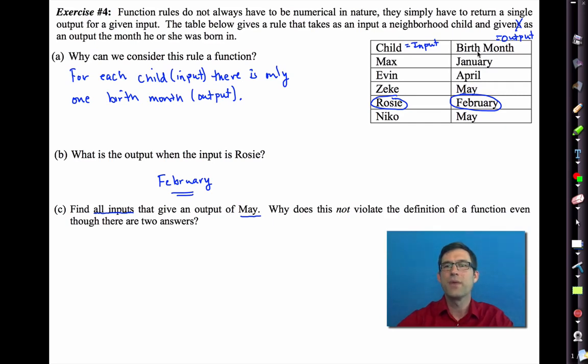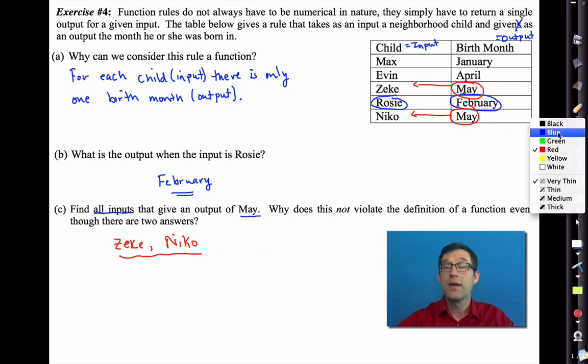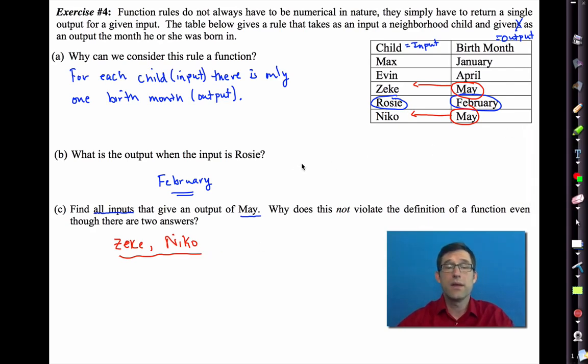All right, let's go through it. Well, what are we looking for? We're finding all the inputs that have an output of May. There's an output of May. There's an output of May. And now we're going to go backwards, and we're going to figure out that Zeke and Nico are valid inputs that give us an output of May. Now, it seems like that shouldn't be a function, and yet in letter A we said this is a perfectly good function.